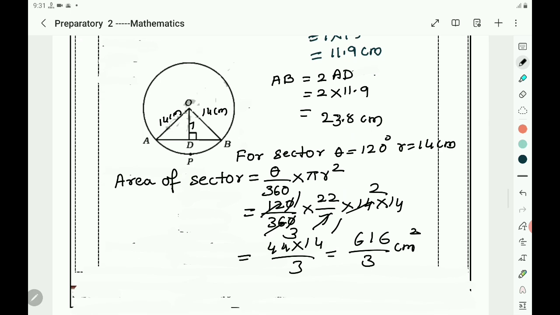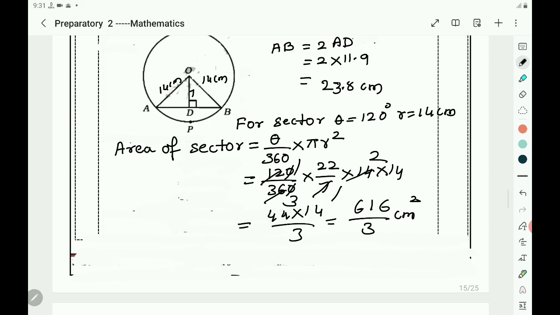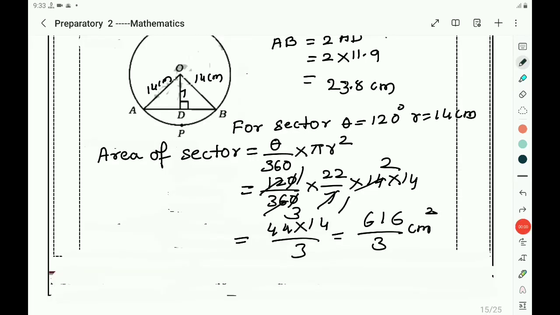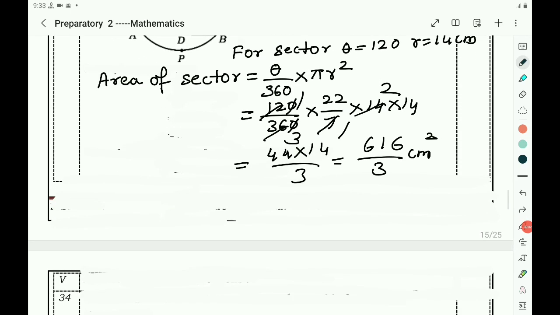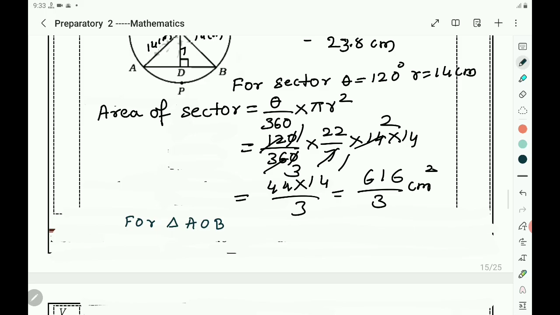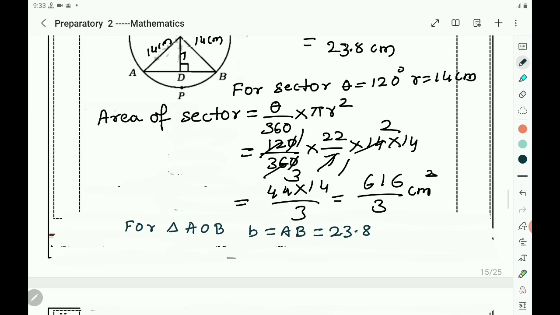Now get the area of the triangle. For triangle AOB, base B equals AB, which equals 23.8, and height is AD. H equals AD.